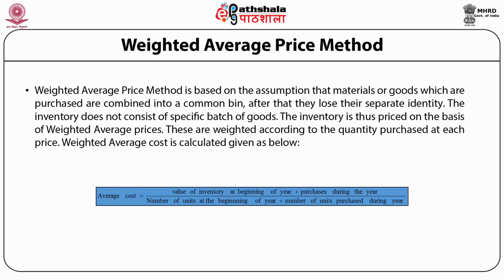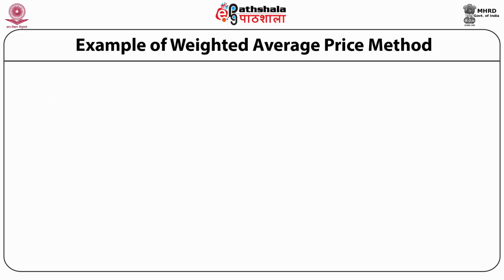So we add the value of inventory at the beginning and purchases made during the year and divide it by the number of units at the beginning of the year plus the number of units purchased during the year. The weighted average price method is clarified with the help of the formula.